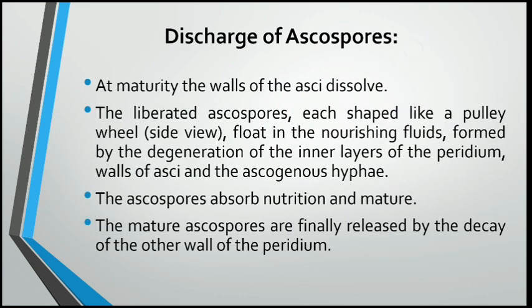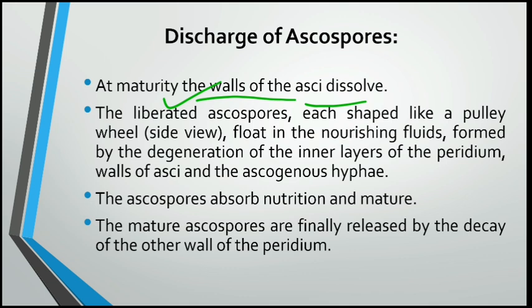Next is discharge of ascospores. This whole fruiting body contains the ascospores, which are haploid in nature, and these are the structures from which the new generation is going to develop. At maturity, the wall of asci dissolves and the ascospores are released.